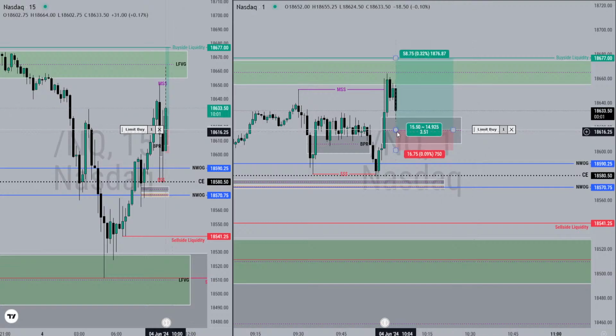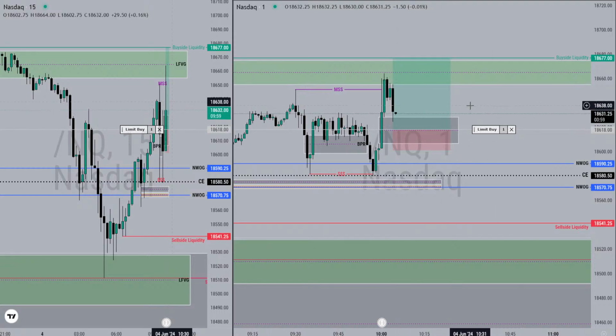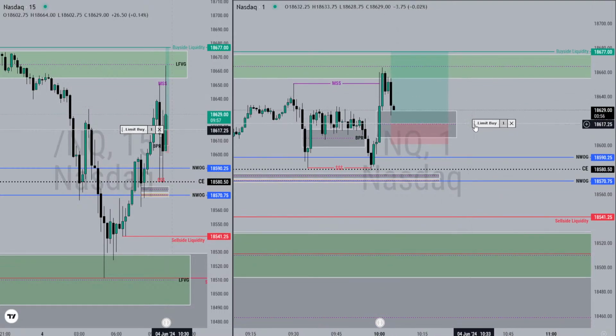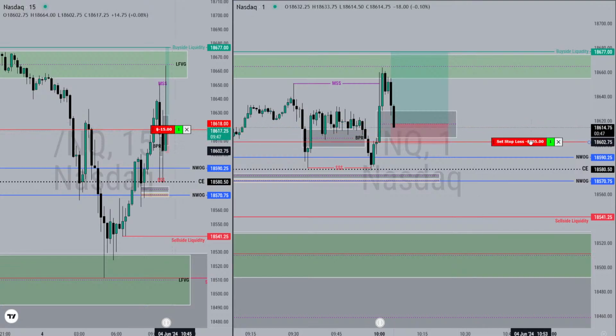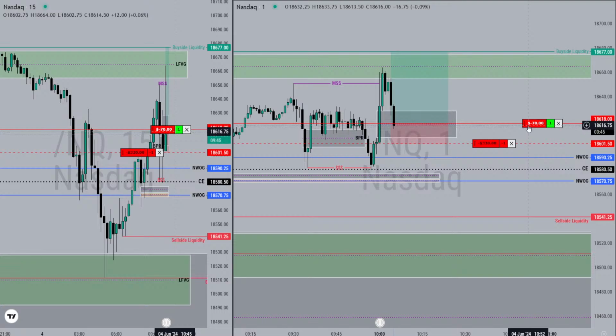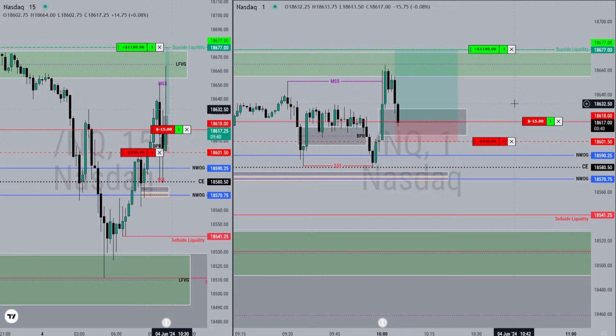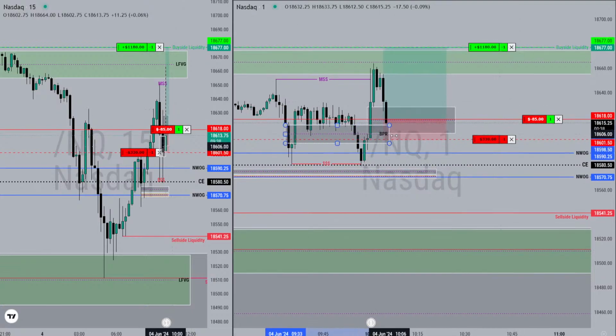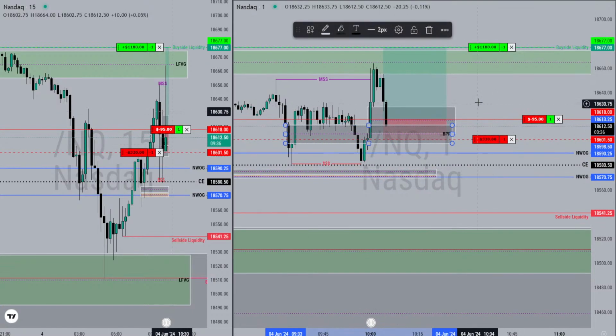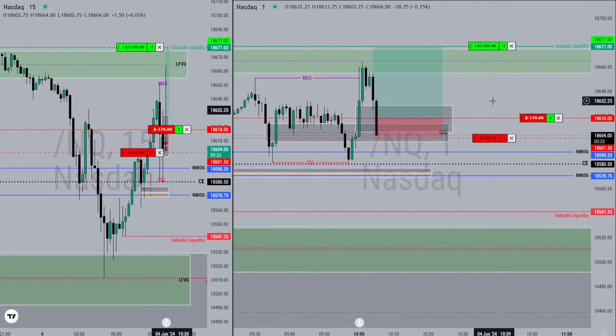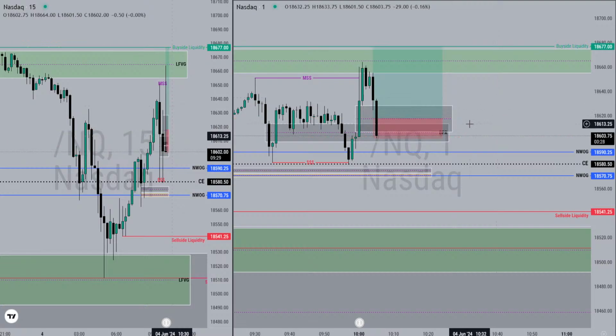And if it doesn't reach until the constant encroachment, yeah, I will miss that trade. I guess I'm wrong.